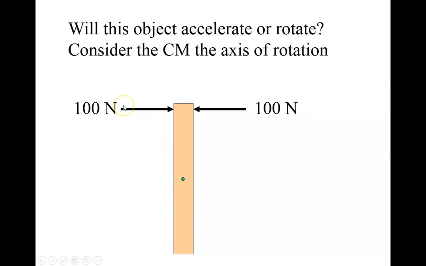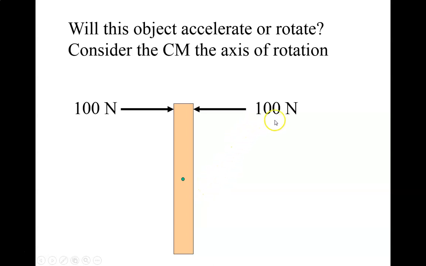So in this case, I've got 100 newton meters of torque. What's the direction of this force's torque? It's going to be like this, and that's going to be clockwise. So we've got 100 newton meters clockwise.